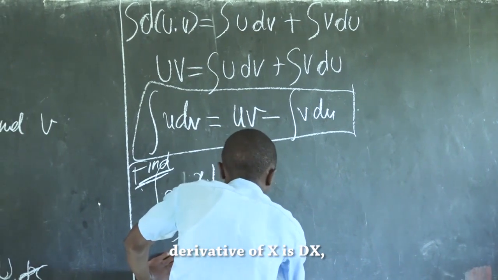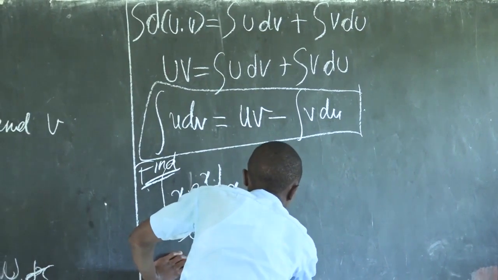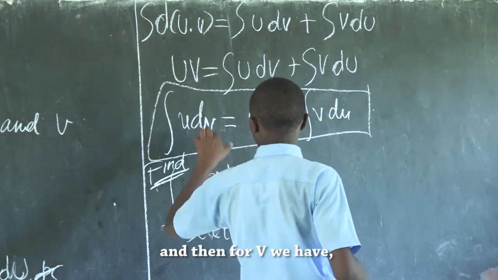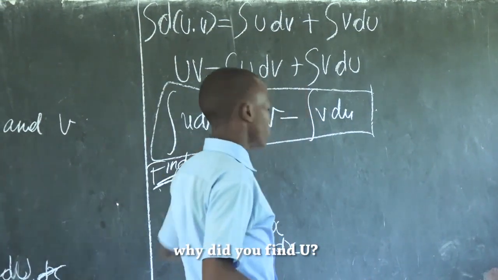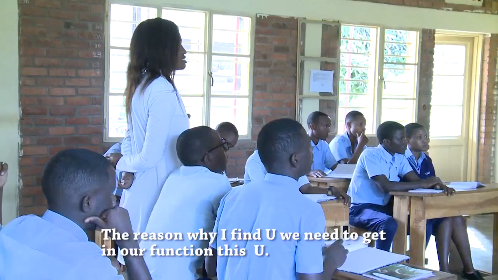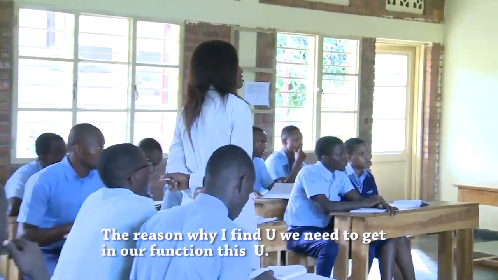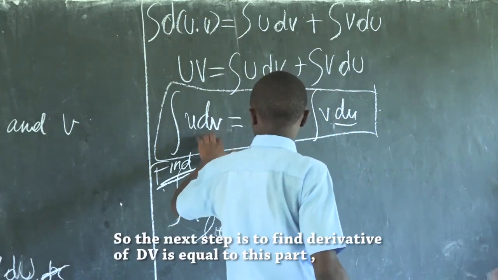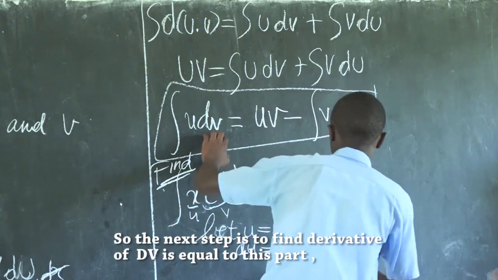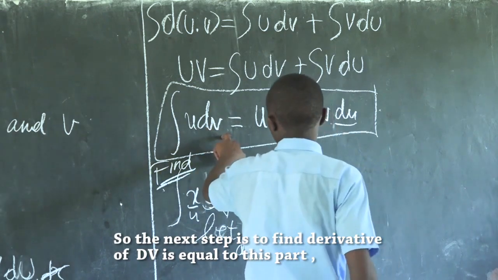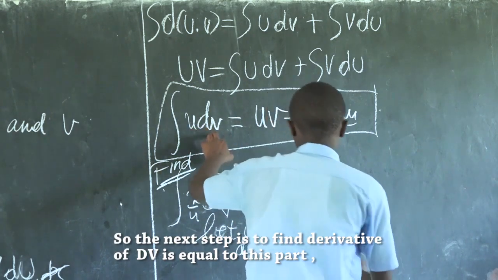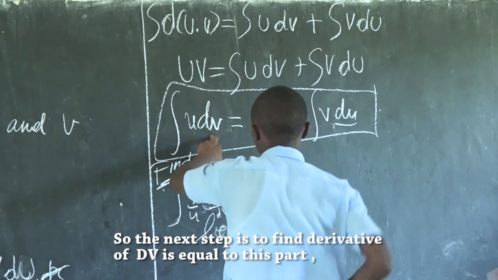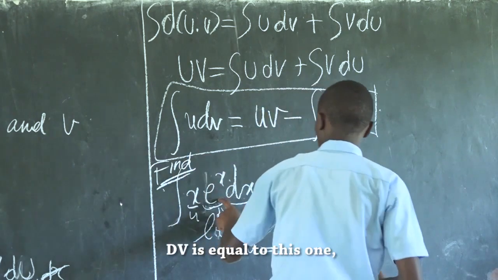The derivative of x is dx. The reason why I find du is we need it in our function. So the next step is to find the derivative of v. What is dv? dv is equal to this part.